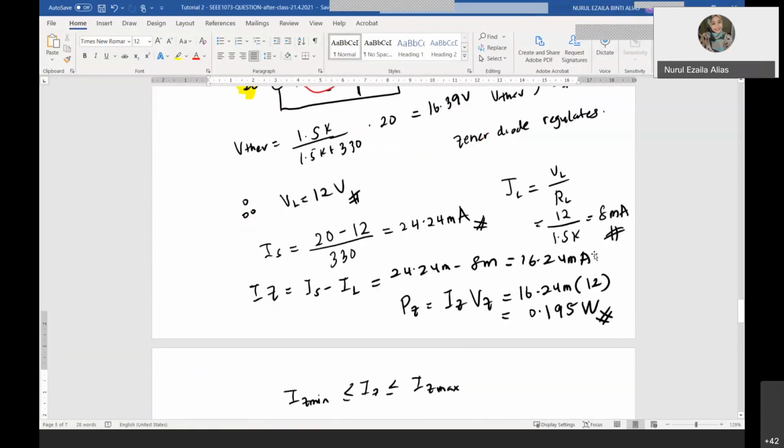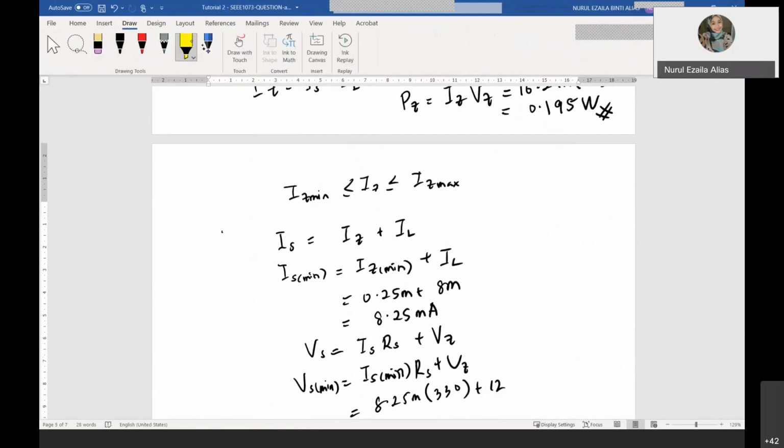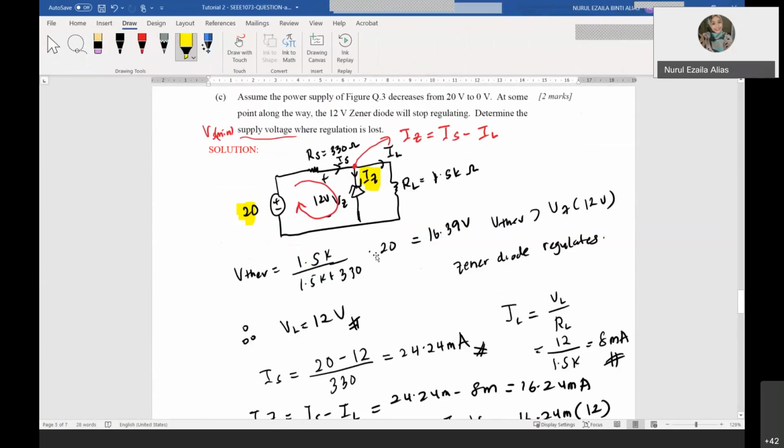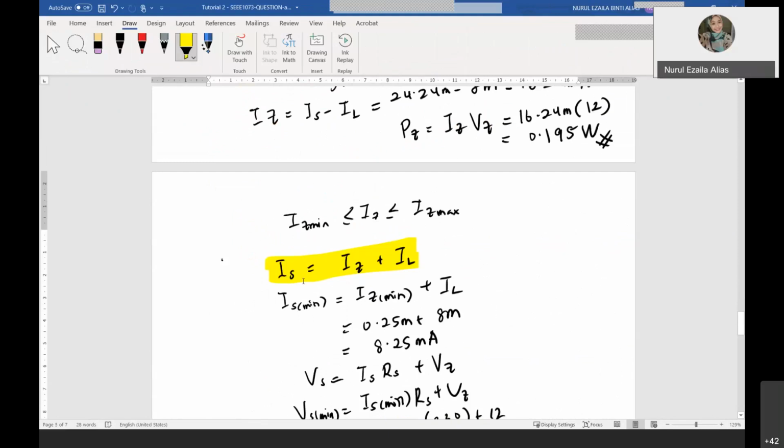Remember, students, your key is this, at this particular node. When your IS is minimum, therefore IZ is minimum.